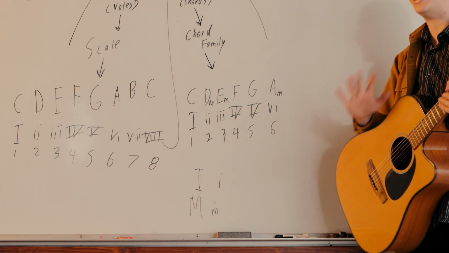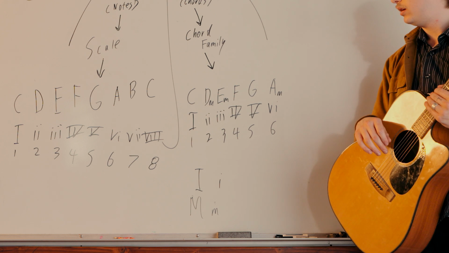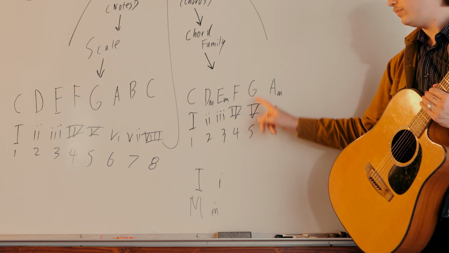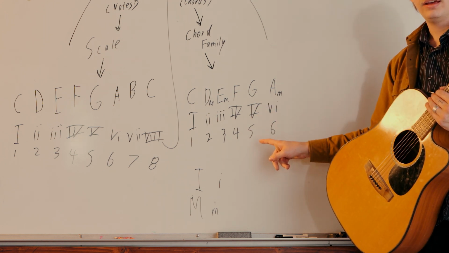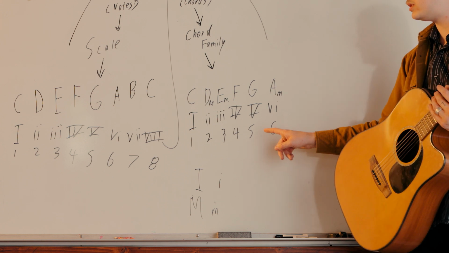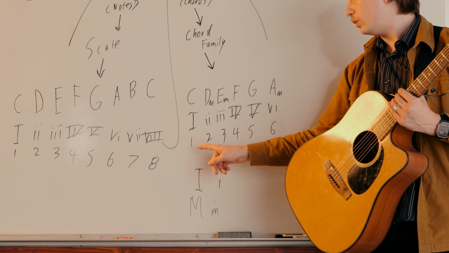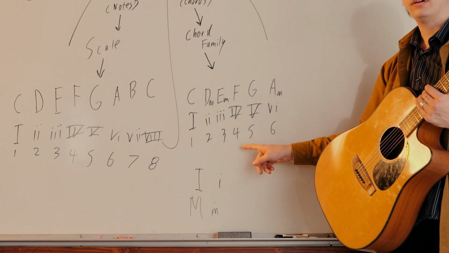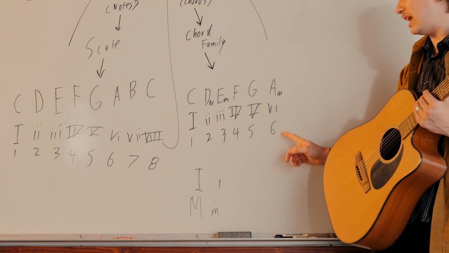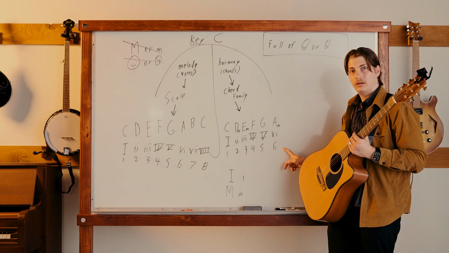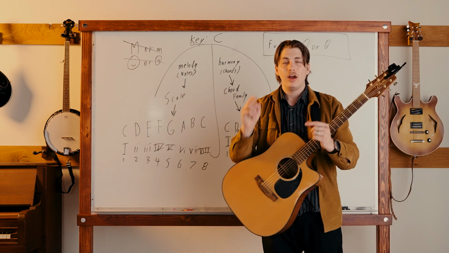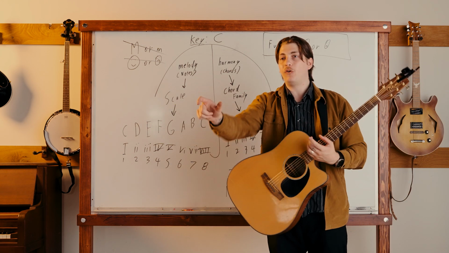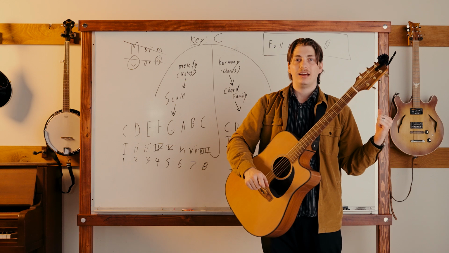What is the 5 in the key of C? G. Okay? What is the 1? C. What's the 4? F. What's the 5? G. What's the 6? A minor. Okay? So you'll hear people say, oh, play a 1, play a 4, play a 6. And that's what they mean.